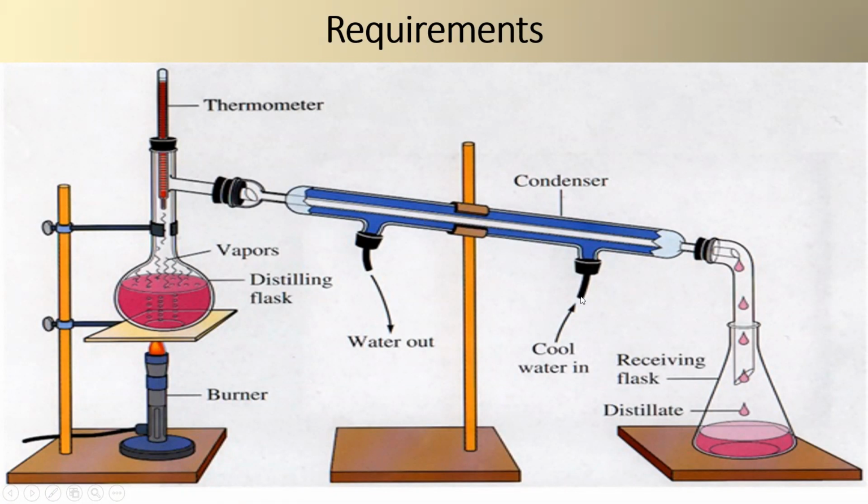The jacketed condenser will receive water from one end and the water will come out from the other end. As the vapors get cooled in the condenser, they will be received in a receiving flask as a distillate. This is a Bunsen burner which is required for boiling our solution. This round bottom flask is equipped with a thermometer for measurement of the temperature.